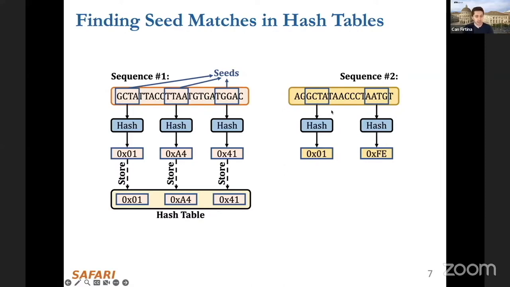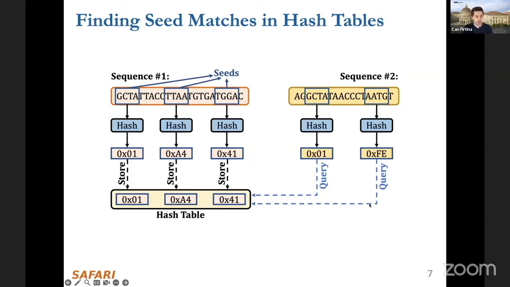After generating the hash values, we're going to query the hash table. Now that we built the hash table by storing the hash values of all the seeds that appear in the reference genome, we can query the hash values that we generate from the read to identify whether that particular subsequence also exists in the reference genome or not.